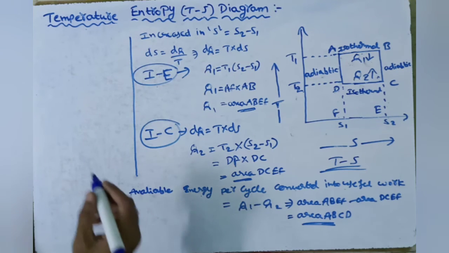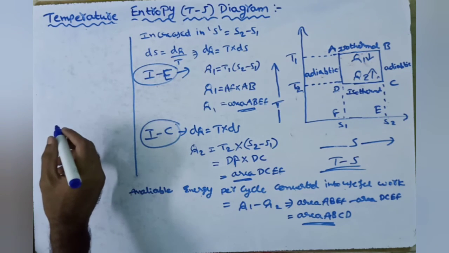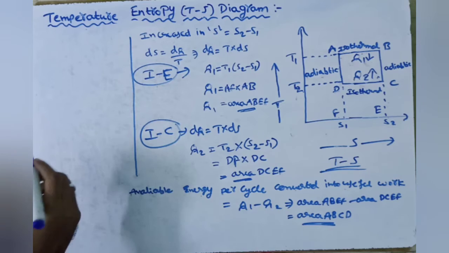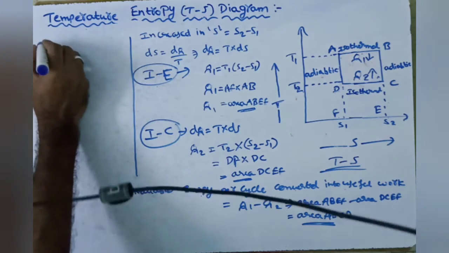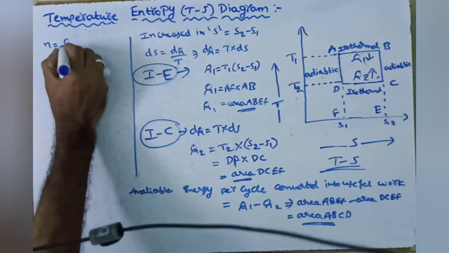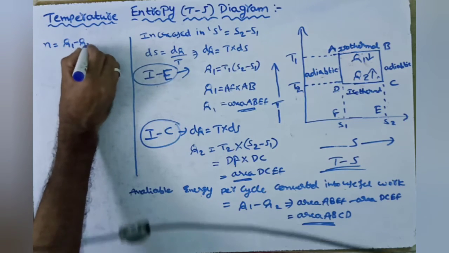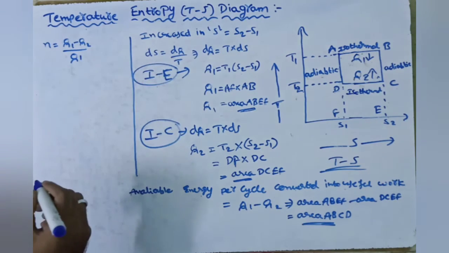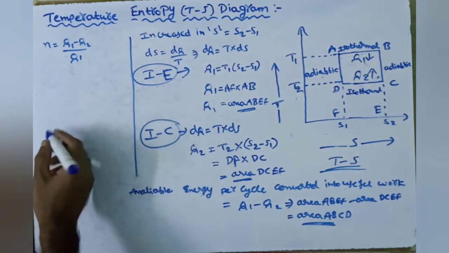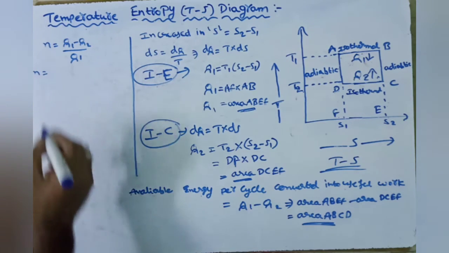Now the efficiency can be calculated. Efficiency is equal to, we have the formula, Q1 minus Q2 by Q1. This is the formula for efficiency. We substitute Q1 and Q2.